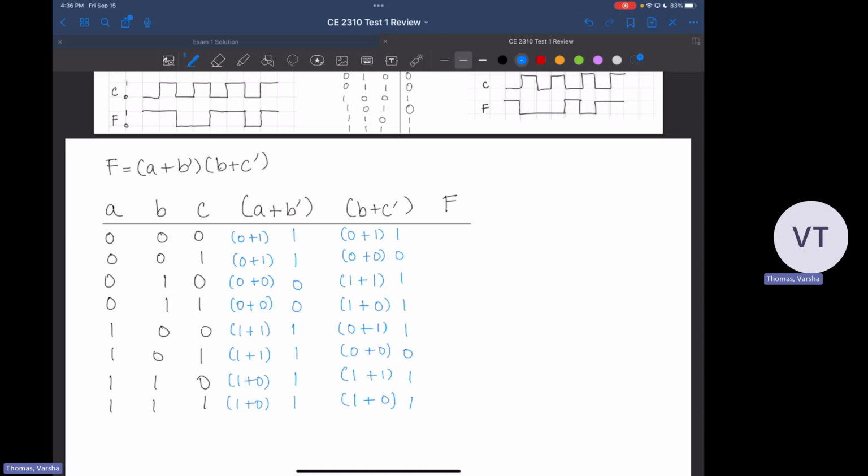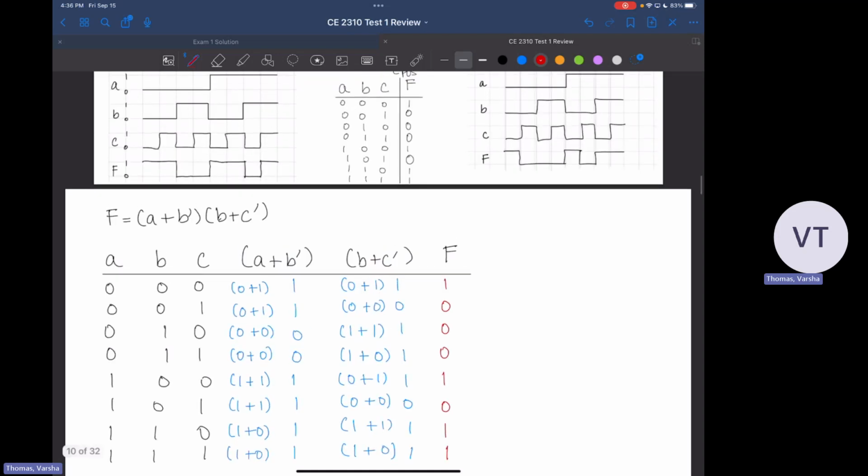Okay, and then F is each of these values in blue combined with an AND gate. So 1 and 1. This is going to be 0 because it's 1 and 0. 0, 0, 1 and 1, 0, 1, 1. Yeah? So this is your truth table.